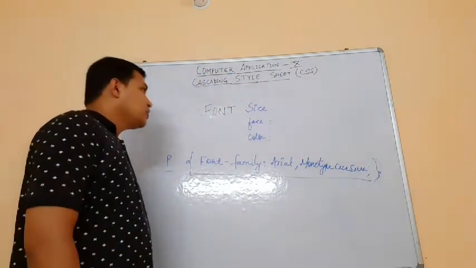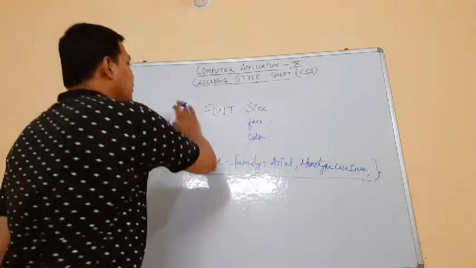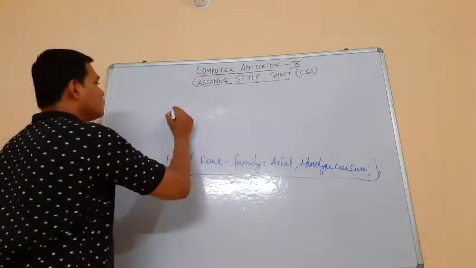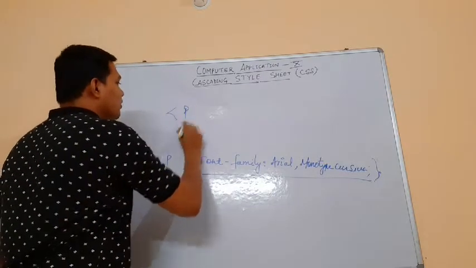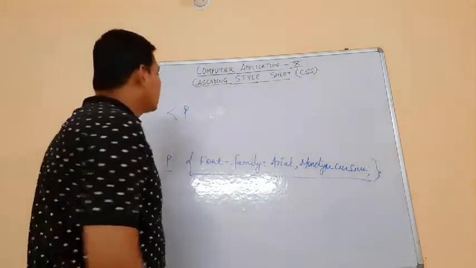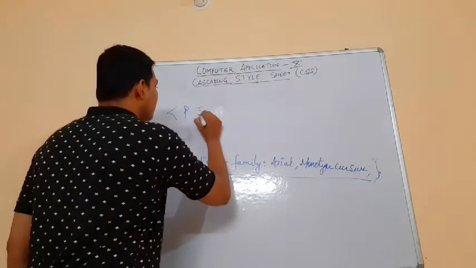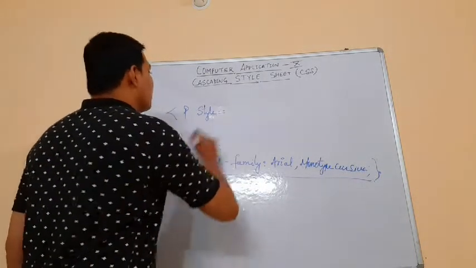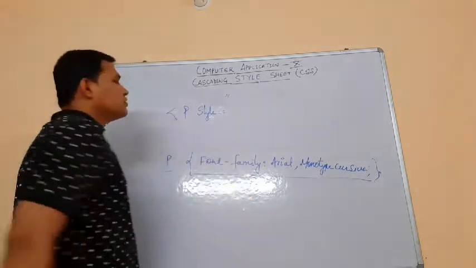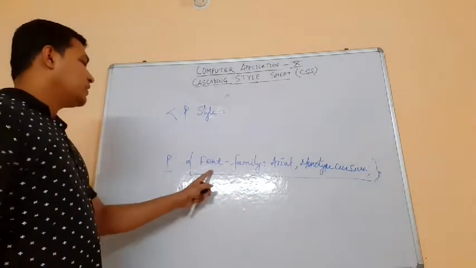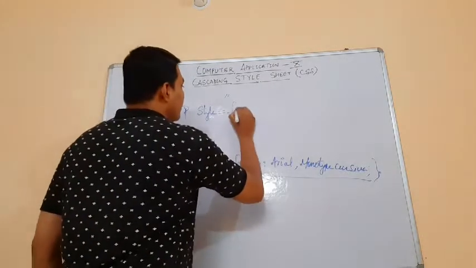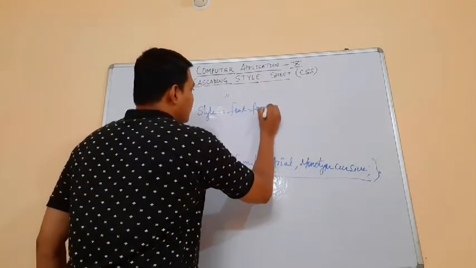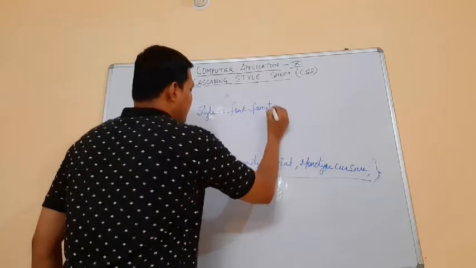But if you want to use this font as inline, how can you use it? First of all, you have to use a selector, and after the selector you have to define the style, then give an equal sign, then double quotation marks and type font-family. This is the property.